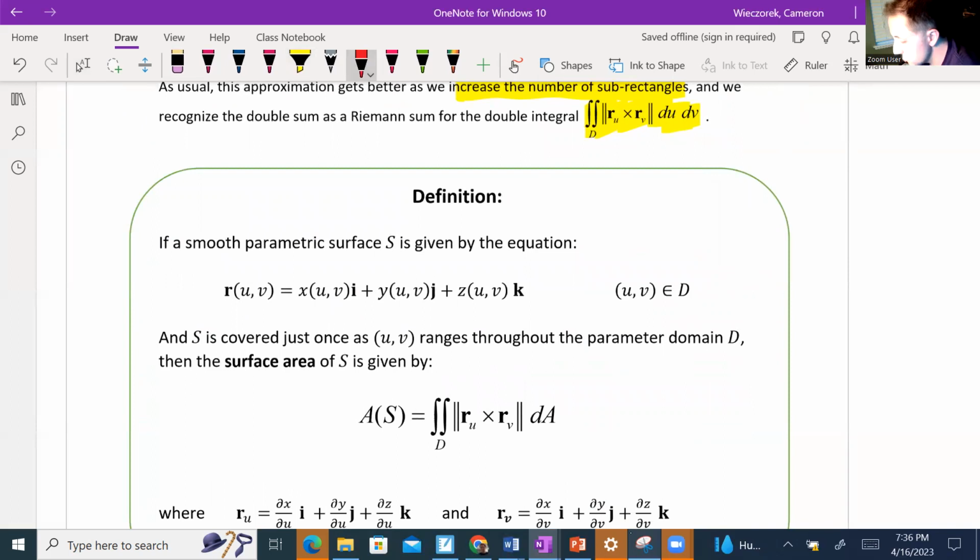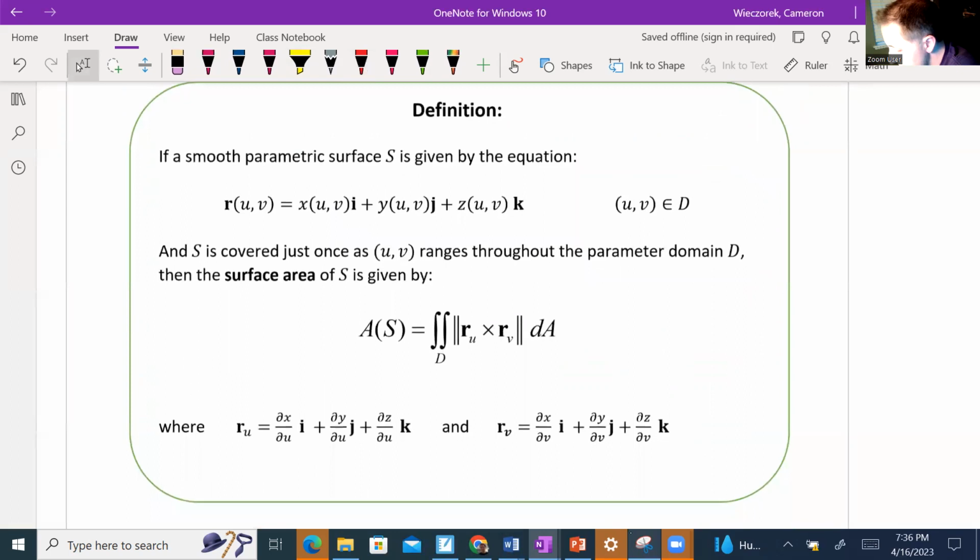So let's assume we have a smooth parametric surface S given by that vector valued function r. And we assume that S is covered just once as (u, v) ranges throughout the parameter domain D, so that we're not overlapping it more than once. Then the surface area of S is given by the double integral over our domain D of the magnitude of the cross product, r_u cross r_v, partial with respect to u of r cross partial with respect to v of r, dA.